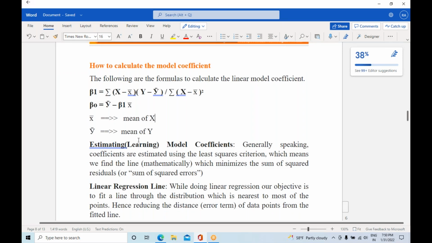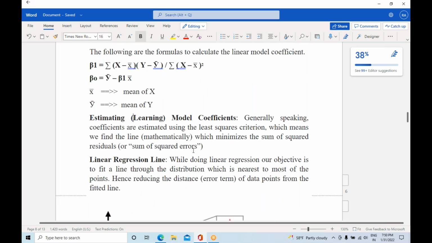Now let's talk about learning, or estimating, the model coefficients. Generally speaking, coefficients are estimated using the least squares criterion, which means we find the line mathematically which minimizes the sum of squared residuals, the sum of squared errors actually.